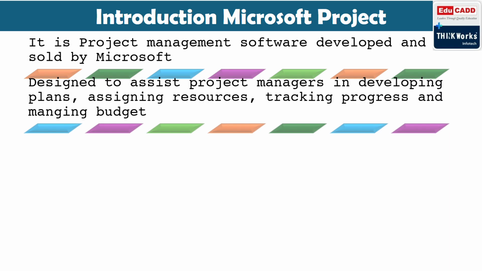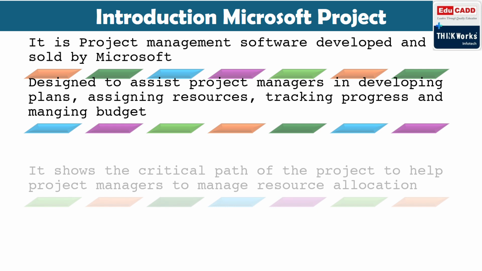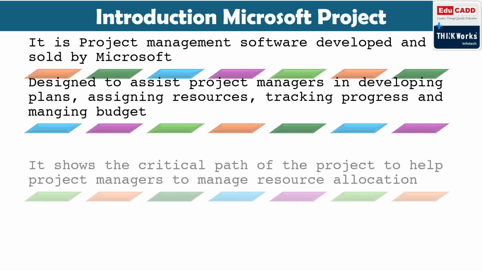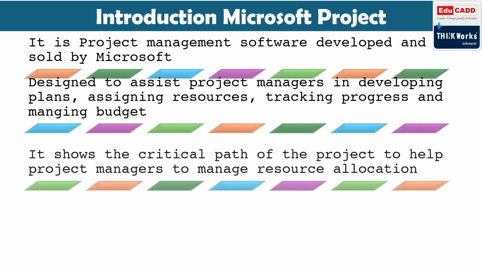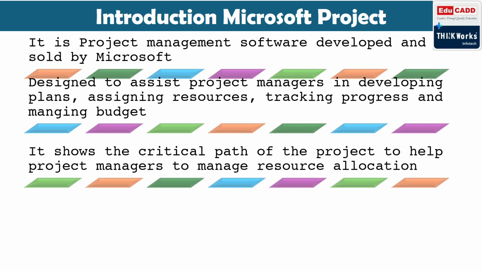Using this easily, we can do all this. In MS Project, we can identify critical activities and the critical part of the project. This will help project managers manage resource allocation accordingly.